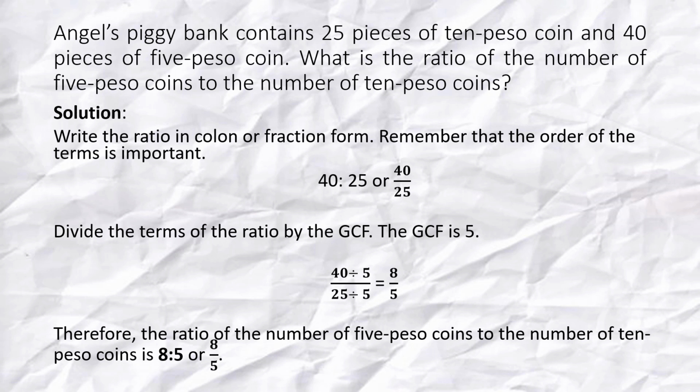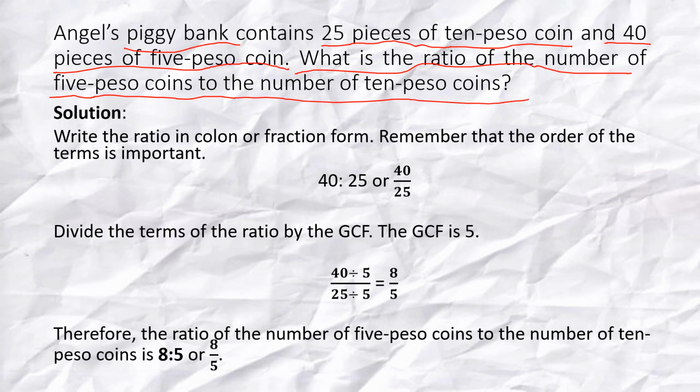Let us have this next one. Angel's piggy bank contains 25 pieces of 10 peso coin and 40 pieces of 5 peso coin. What is the ratio of the number of 5 peso coins to the number of 10 peso coins? Take note, the order of the terms is important. In the question, it was mentioned first the number of 5 peso coins, followed by the 10 peso coins.